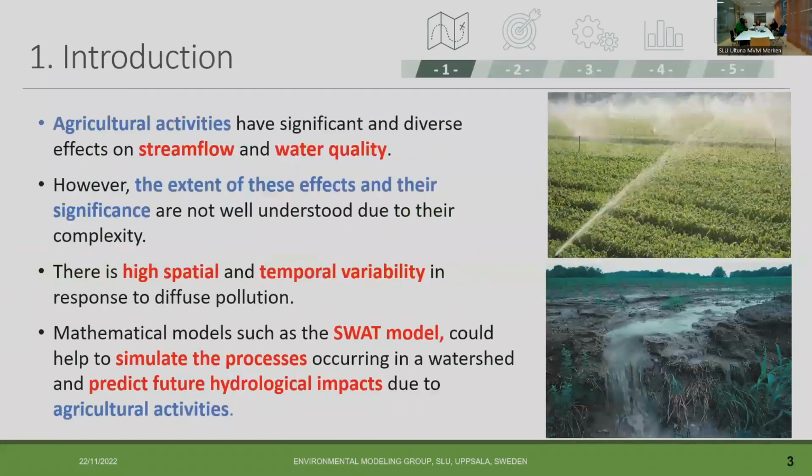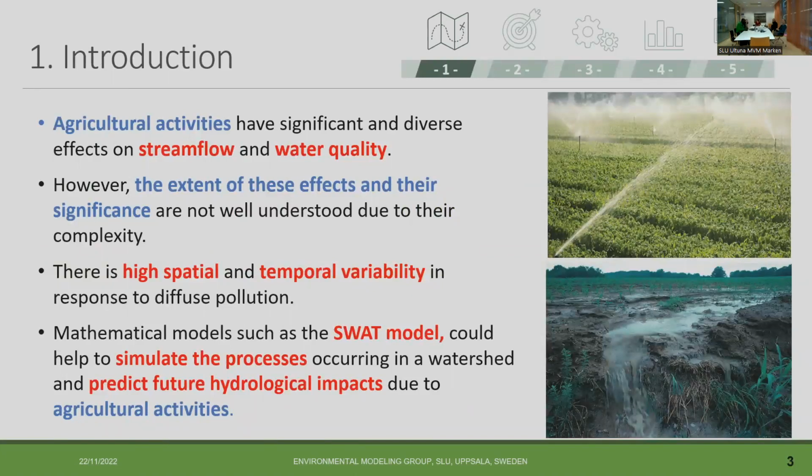So just giving a background, as I had said, my research is on the impact of agricultural activities on water quality and stream flow. There are various benefits we get from agricultural activities such as irrigation. But on the flip side, we have a lot of non-point source pollution and movement of water quality materials.